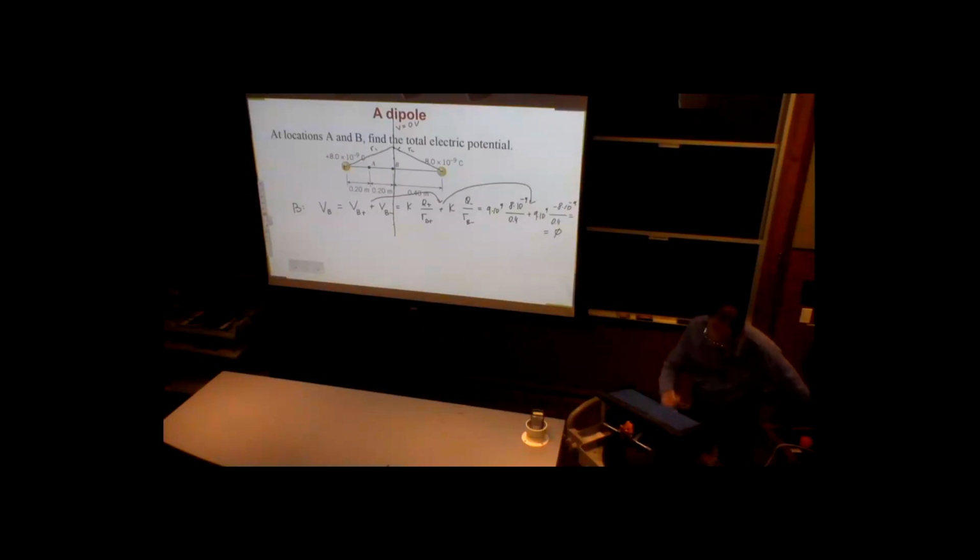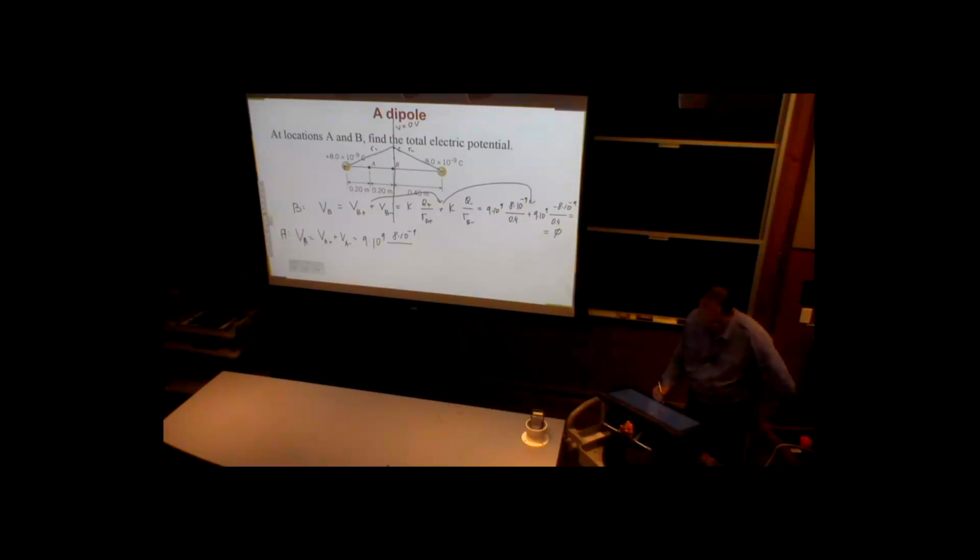Okay, point B done. Point A, exactly the same type of reasoning. Electric potential at point A should be equal to electric potential at point A due to the positive charge plus electric potential at point A due to a negative charge. So we will just plug the numbers in. Same charge, but distance now is different.